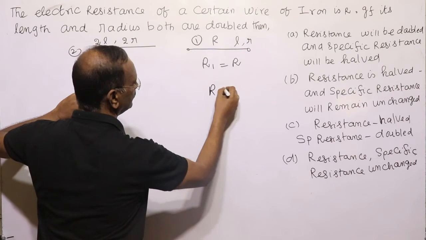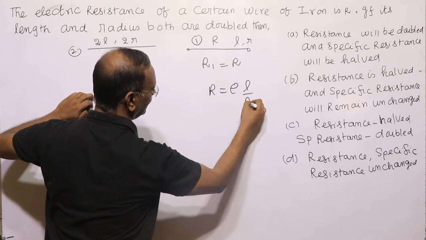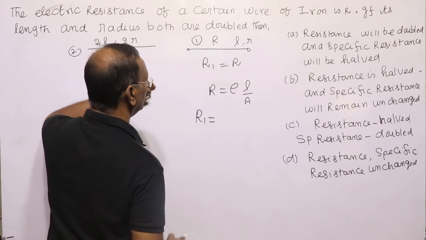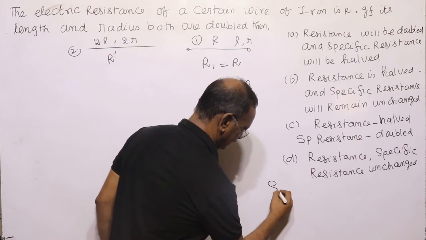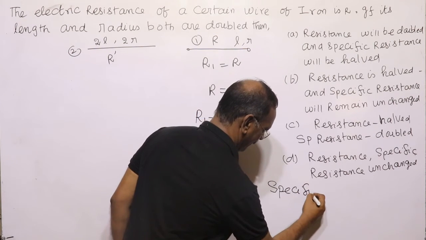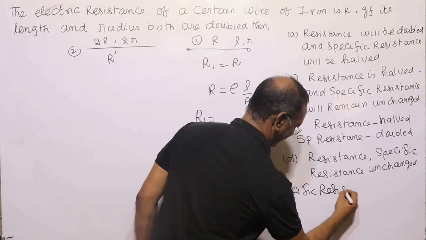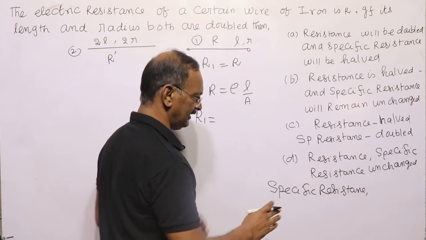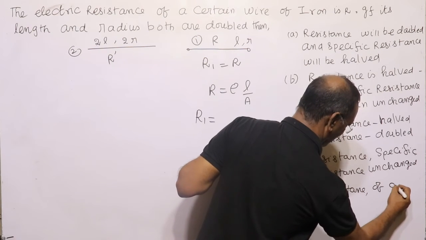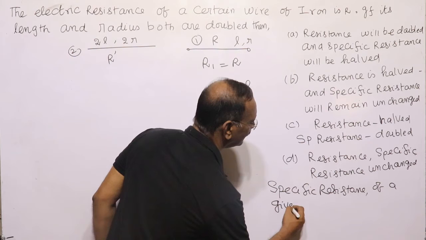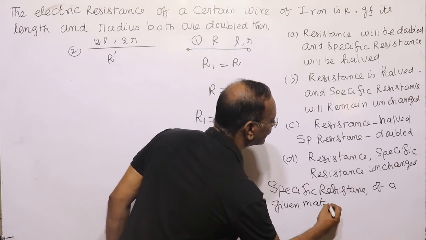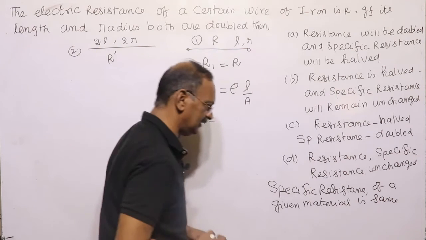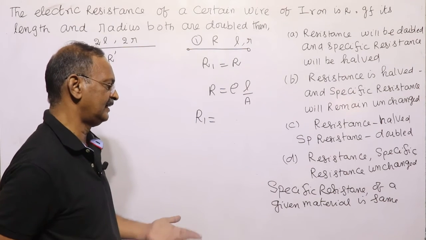So R is equal to rho L by A. So therefore R1 is equal to, see here we have to note down the specific resistance, nothing but the resistivity. Specific resistance of a given material is the same whether we increase the length or increase the area, decrease the length, decrease the area, or radius.